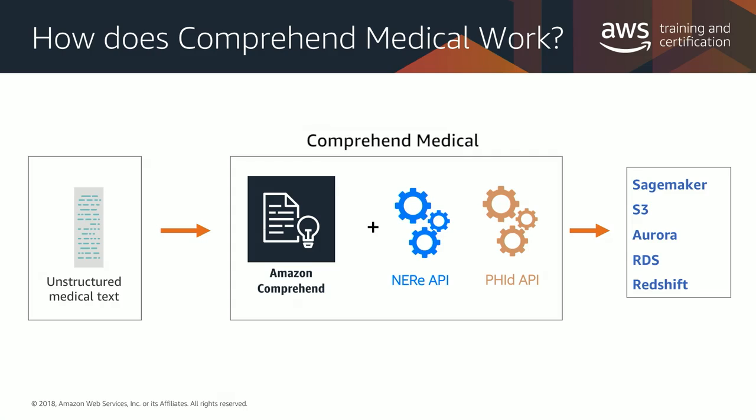Amazon Comprehend leverages the latest advancements in machine learning to bring a high level of accuracy and efficiency to extracting clinical information. Comprehend Medical consists of two APIs. The NERe API, which will return a JSON with all the extracted entities, their traits, and the relationships between them. The second API is the PHId API, which will return just the protected health information contained in the text.